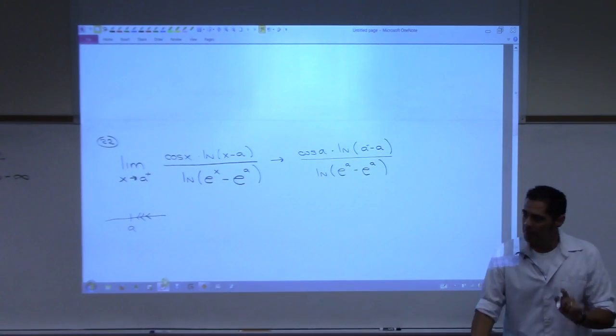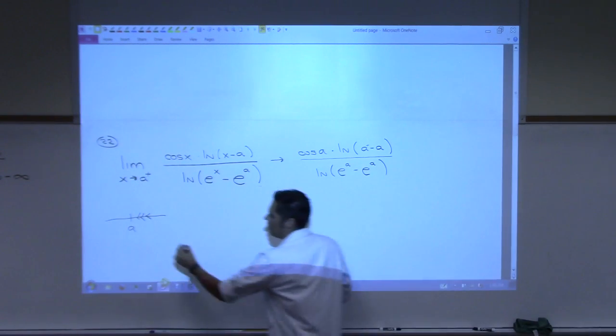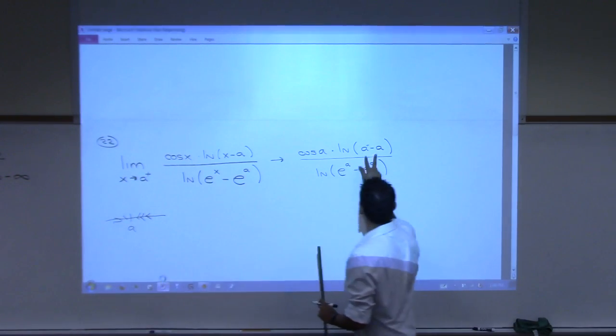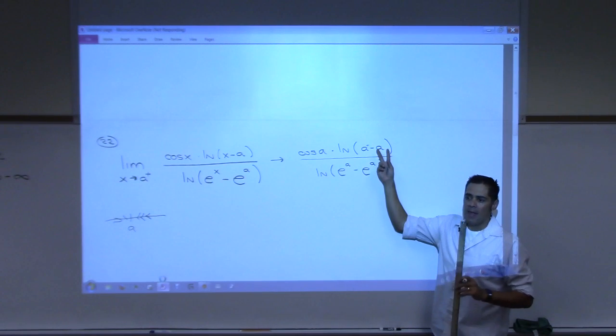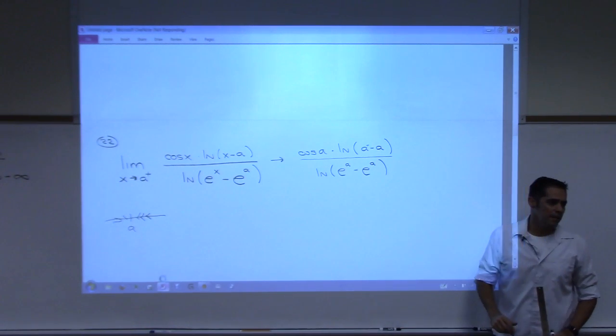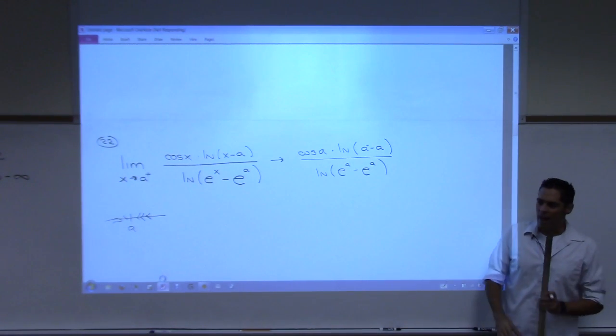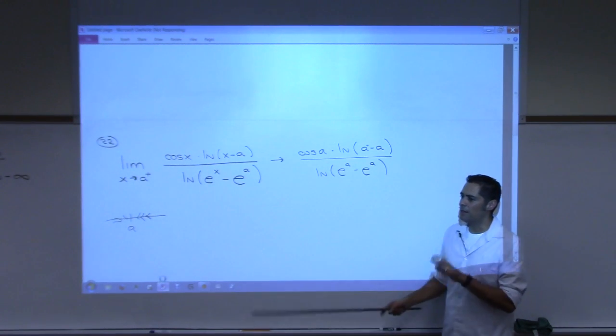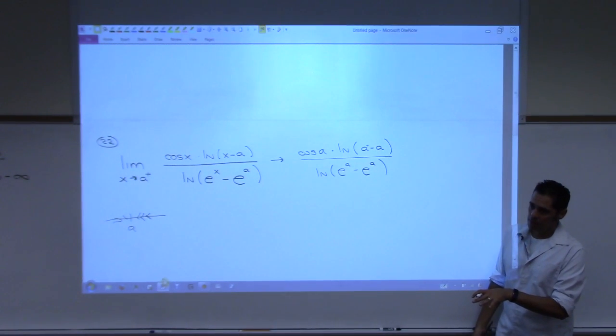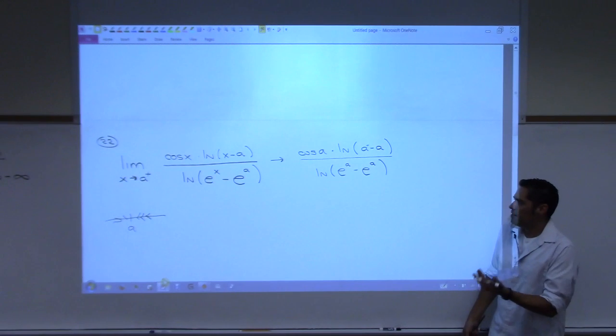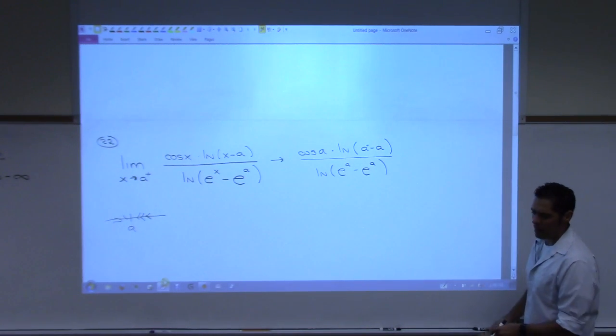Positive. That's important, because what if I came in from this side? Then this difference would be negative, and that would be undefined because natural log is not defined for negative numbers. So we have to throw the plus on there so that the limit makes sense. Understand? Now, it doesn't change the fact that I still have something pretty crappy going on here.